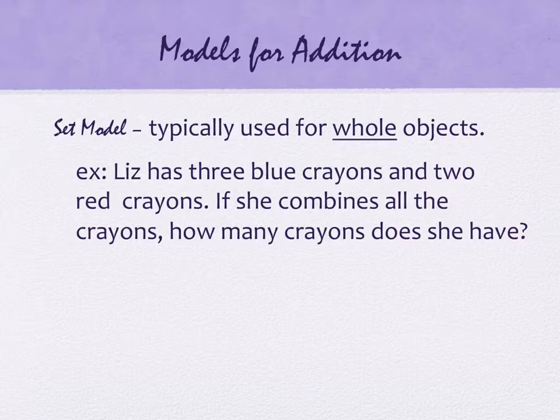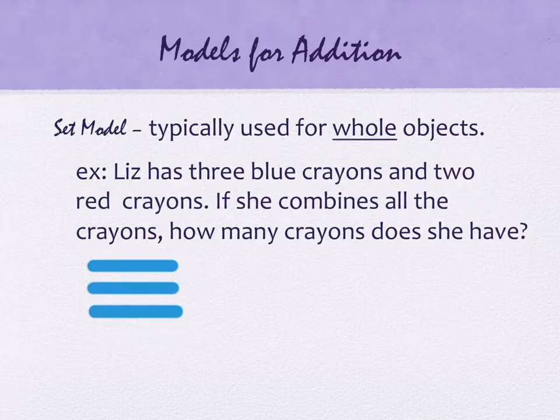So here's our example. Liz has 3 blue crayons and 2 red crayons. If she combines all of the crayons, how many does she have? This is a really nice example when you're working with young children because you can draw the picture really quickly. So here are my 3 blue crayons. And then I have 2 red crayons.